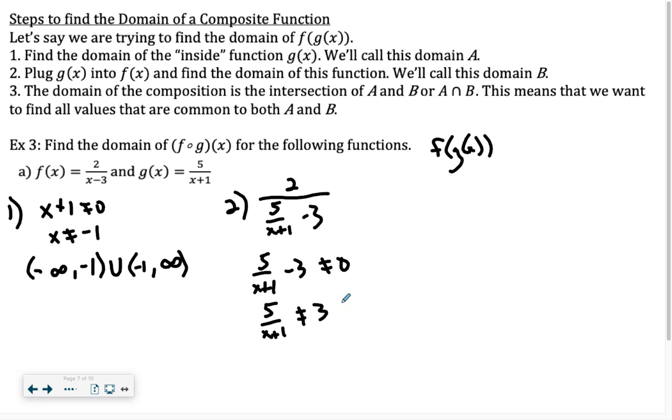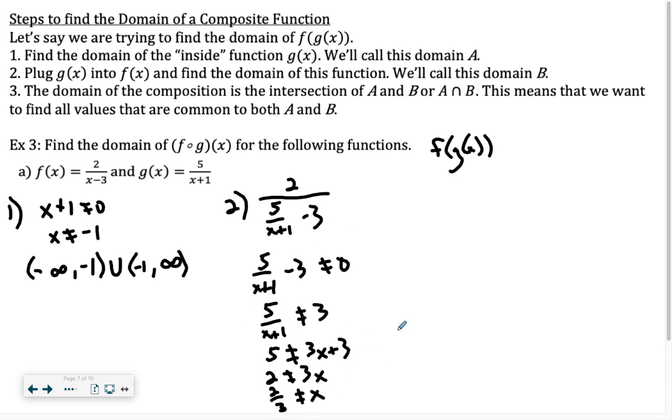Then multiply the x plus 1 up. So I'll have 5 cannot equal, and I'll go ahead and do the distribution. So that would be 3x plus 3. Subtract the 3 over. 2 cannot equal 3x. And finally, divide by 3. And we get that x cannot be 2/3.